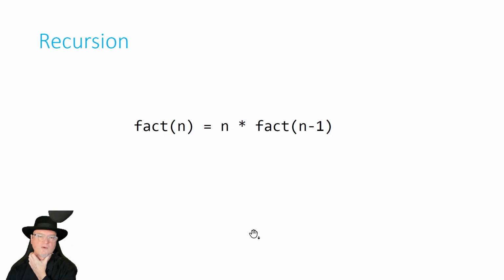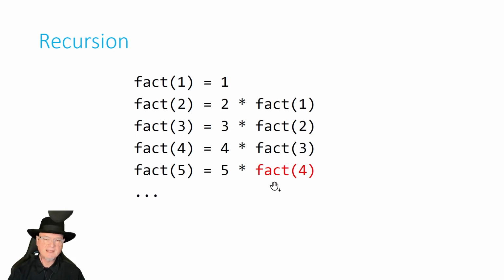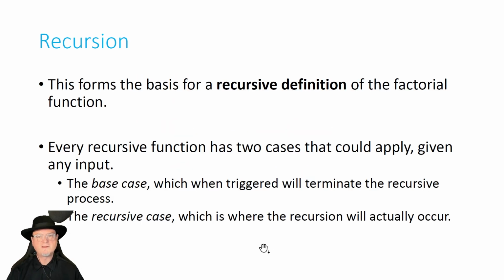And this is one where factorial n equals n times factorial n minus 1. We can look at that on the previous slide again, where factorial of some number n, 3 in this case, is 3 times factorial 3 minus 1, factorial 2. This is the basis for a recursive definition of the factorial function.